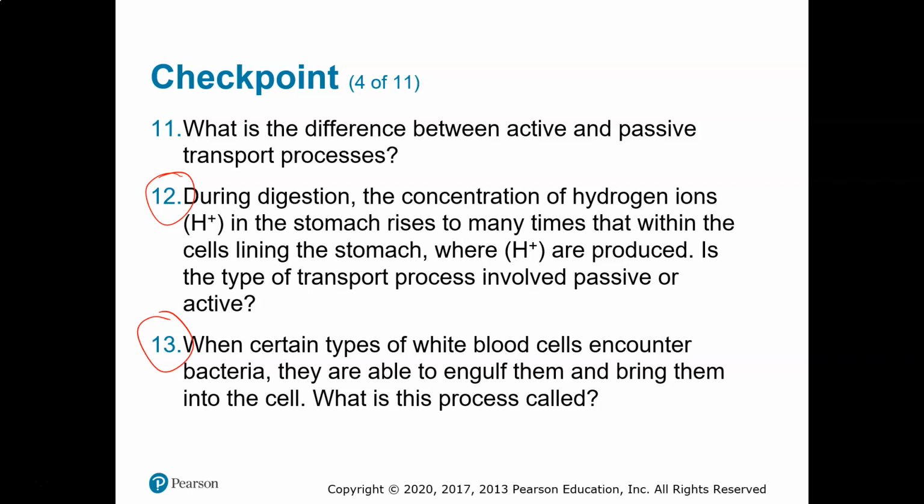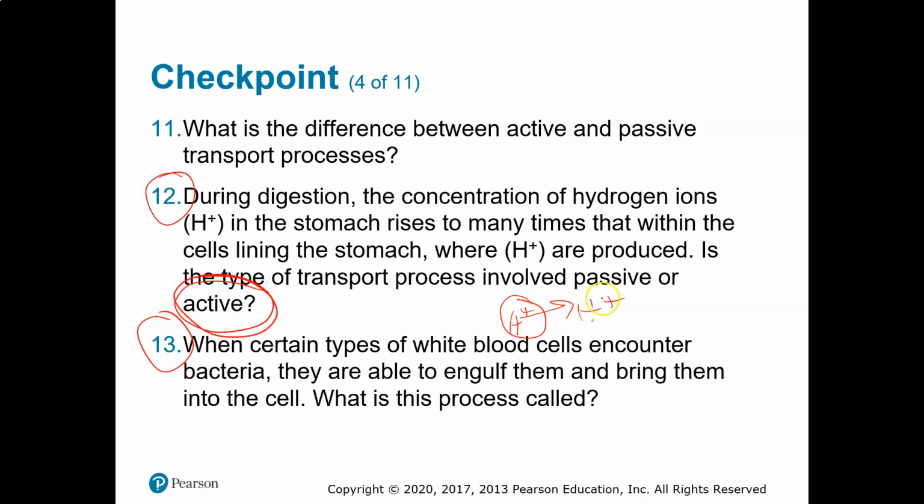Well, if the cells that are producing the hydrogen ions keep producing hydrogen ions, and releasing hydrogen ions into the stomach, then the hydrogen ions are moving from their low concentration to their high concentration. So this has got to be an active process.